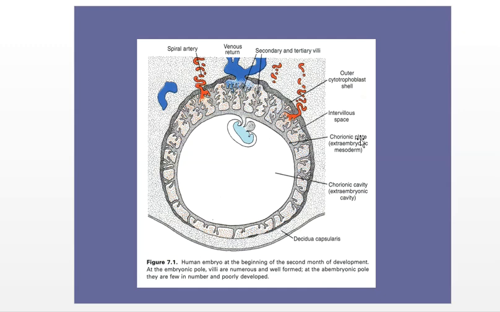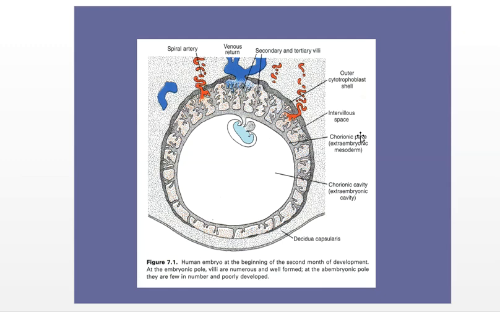As described in the pre-embryo stage of development, the trophoblast differentiated into two layers, cytotrophoblast and syncytiotrophoblast. And if you remember, on the 9th day of development, small cavities appear in the syncytiotrophoblast, named lacunae.